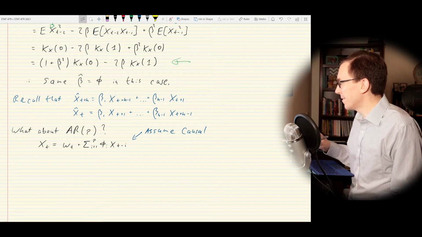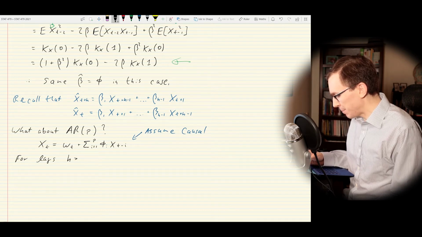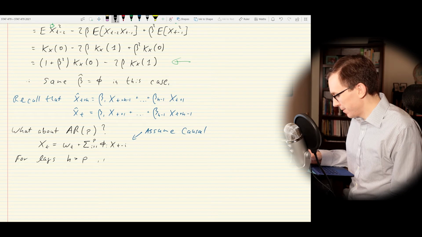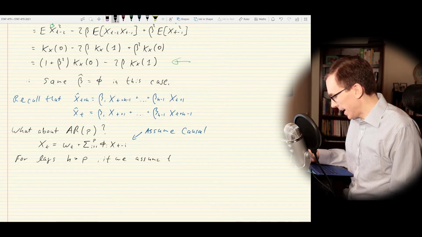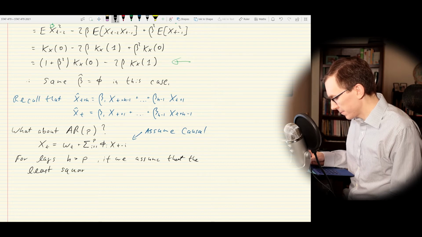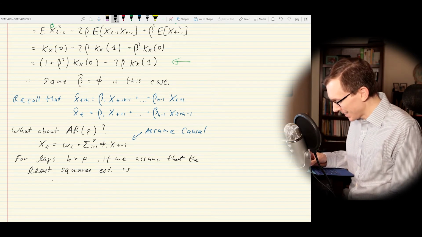So now what we have is that for lags h greater than p, well, what happens? We'll say if we assume that the least squares estimator is, I say assume because I really don't want to have to compute it myself in full generality.